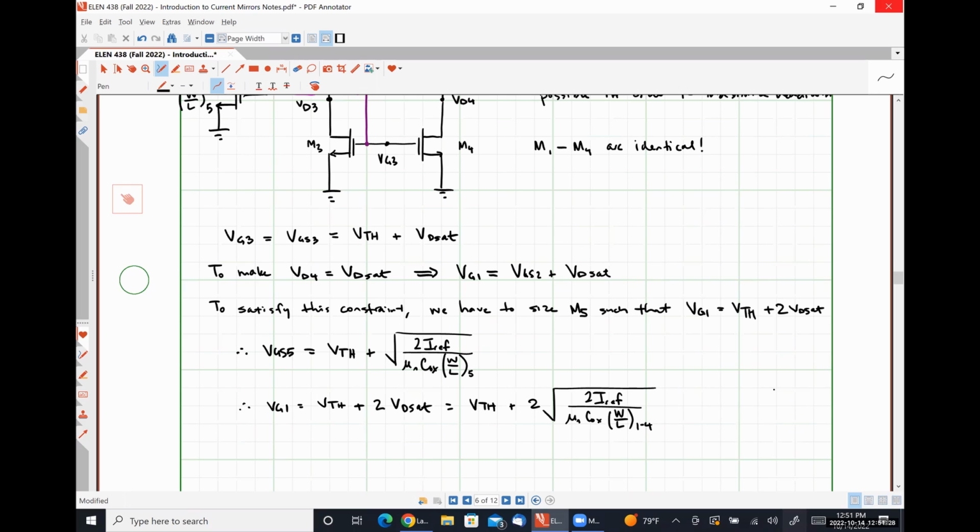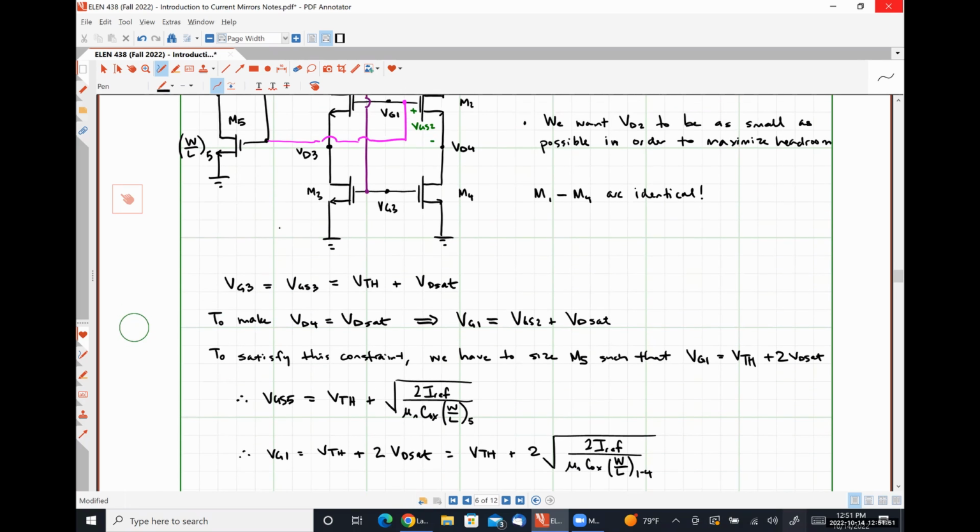Right. All of them are carrying the same current IREF. All of them have the same values for mu n and Cox because that's common to the technology node. They'll all have the same threshold voltage. The only thing that we have control over is the aspect ratio. And we're trying to figure out what aspect ratio will force this thing to behave such that transistor M2 is properly mirroring the current while VD4 is as small as it can possibly be while keeping M4 in saturation.